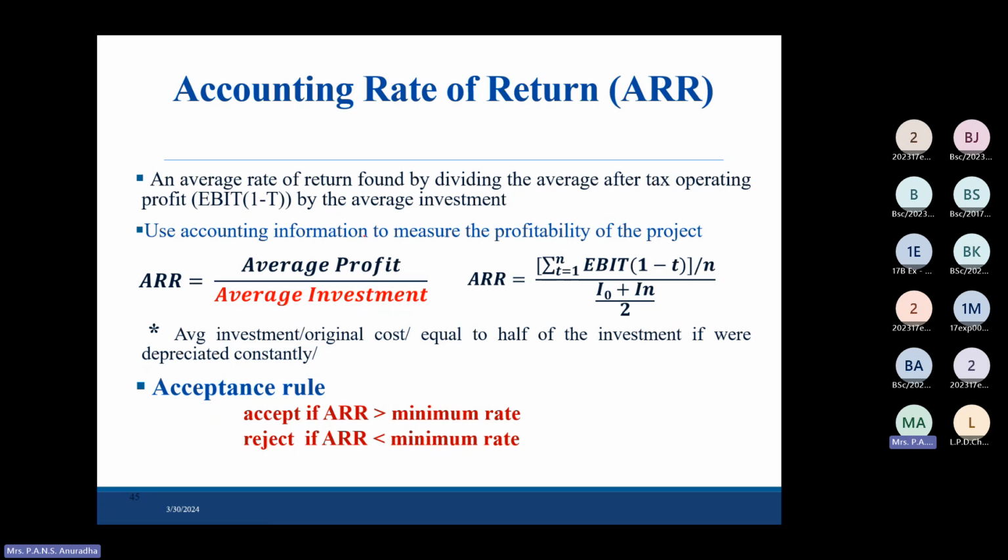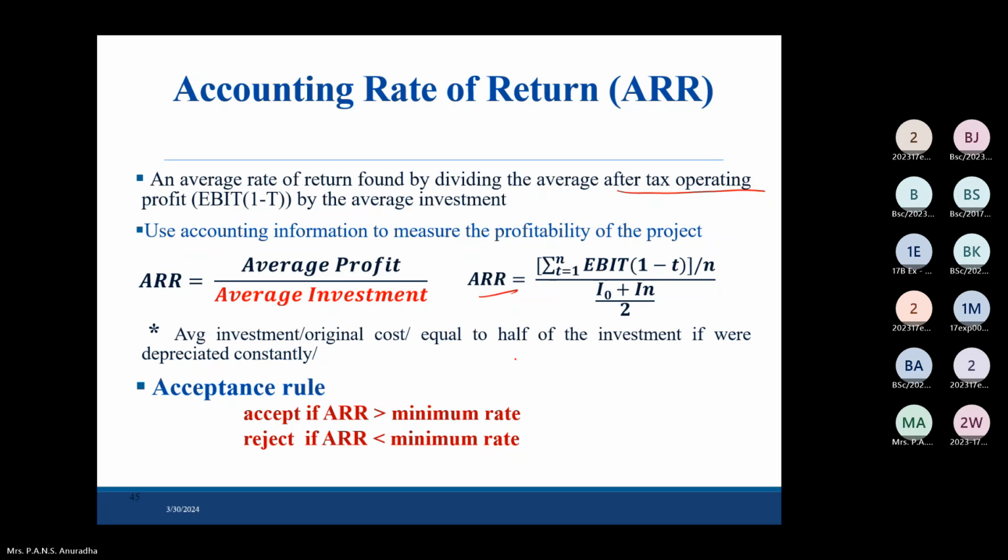So the average rate of return is found by dividing the average after-tax operating profit by the average investment. Normally, you cannot take decisions based on the accounting rate of return alone. You can use it as a supplement to other techniques like NPV, IRR and payback period. If you decide based only on the accounting rate of return, that might not be a good decision. But anyway, we can calculate it like this.